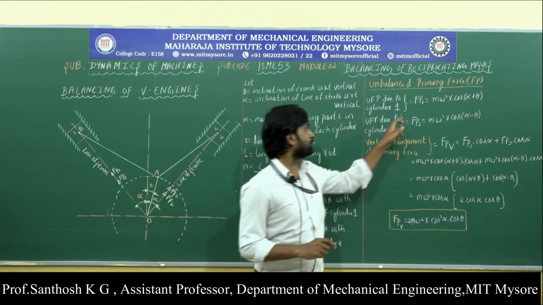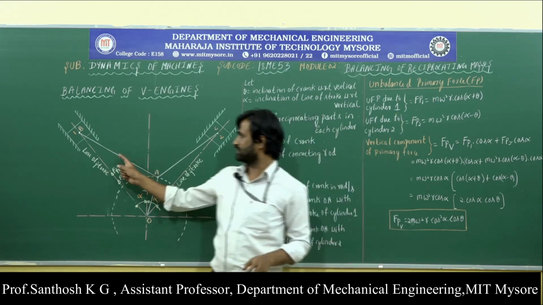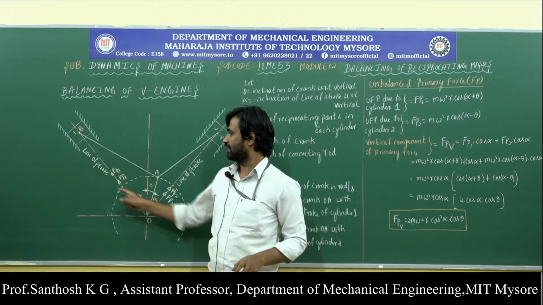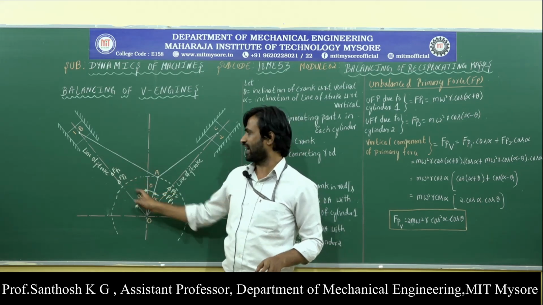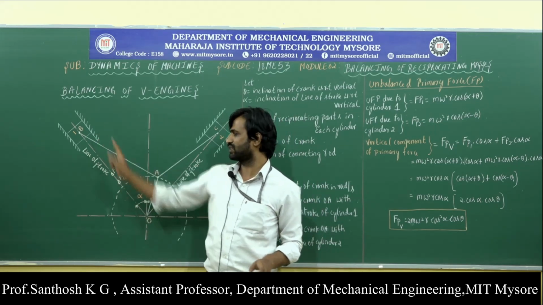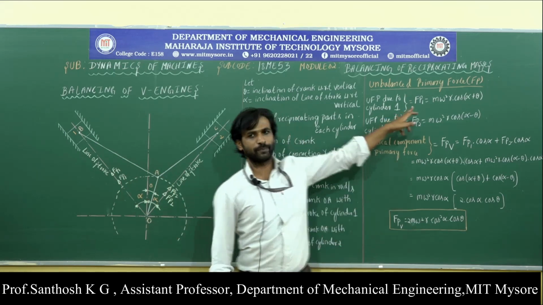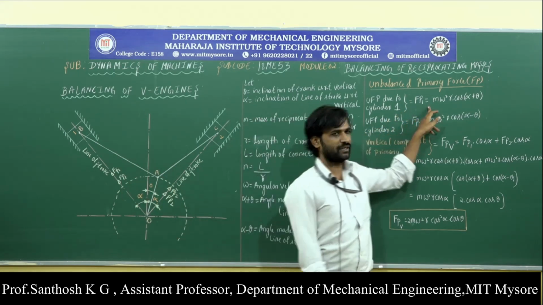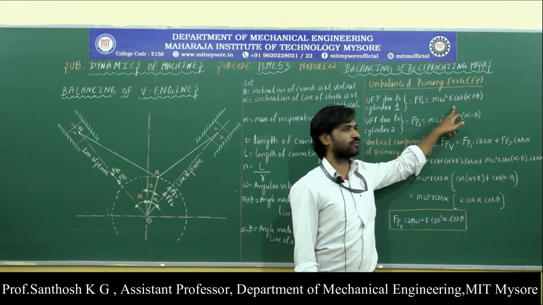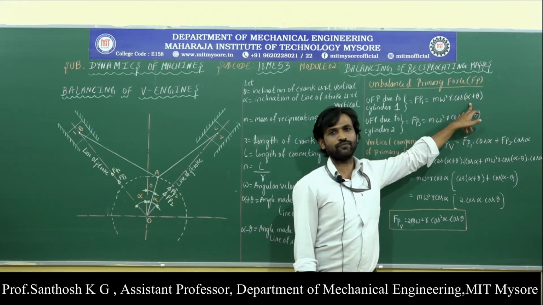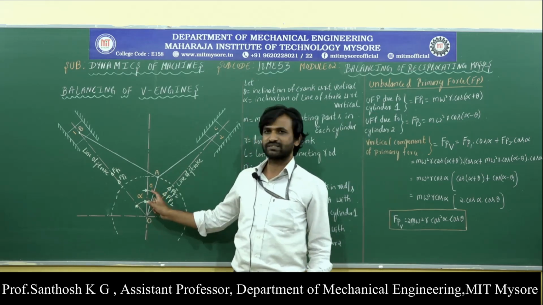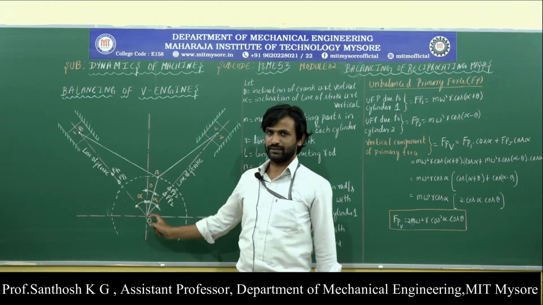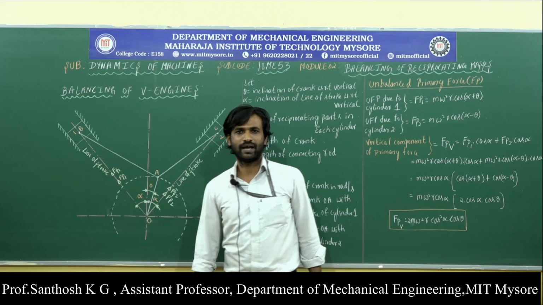So, if I take the first cylinder, then the primary unbalanced force acting along the line of stroke of cylinder 1, we are going to denote it by Fp1, and it will be equal to m omega square r into cos of alpha plus theta. Here alpha plus theta represents the angle made by the crank with respect to the line of stroke of cylinder 1.